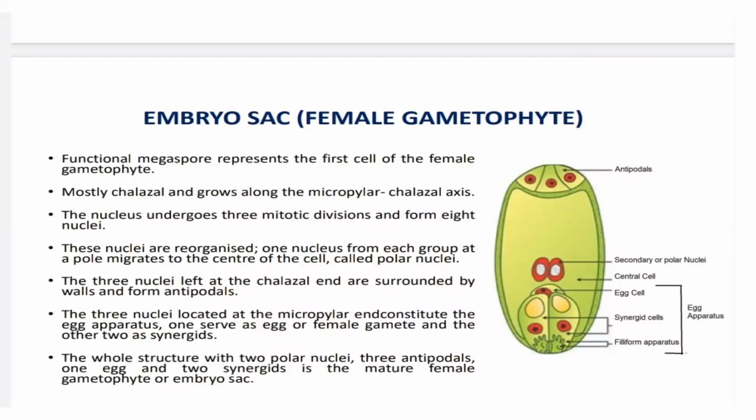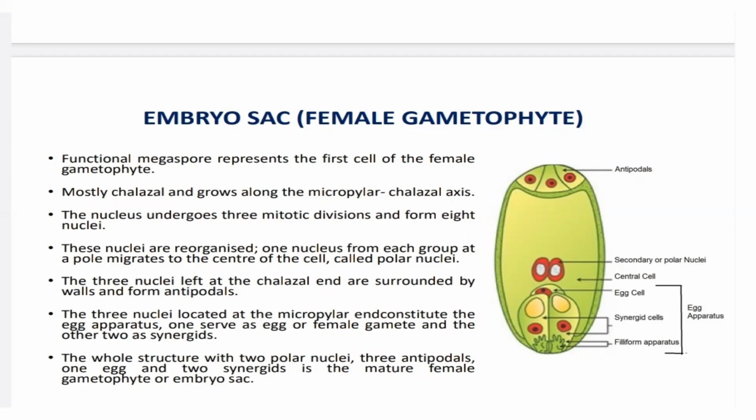Next we come to the structure of the ovule, that means the embryo sac. You can observe this diagram. Usually the ovule possesses either one or two integuments, that means unitegmic or bitegmic.